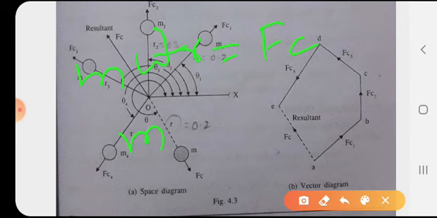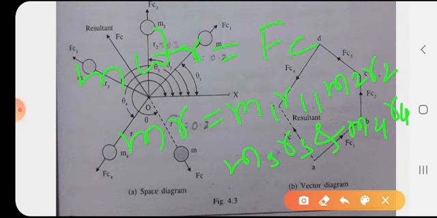That means m r equals the resultant of m1 r1, m2 r2, m3 r3 and m4 r4. I hope you understand how to find the balancing mass for several masses rotating in the same plane with the help of the analytical and graphical methods. Thank you.